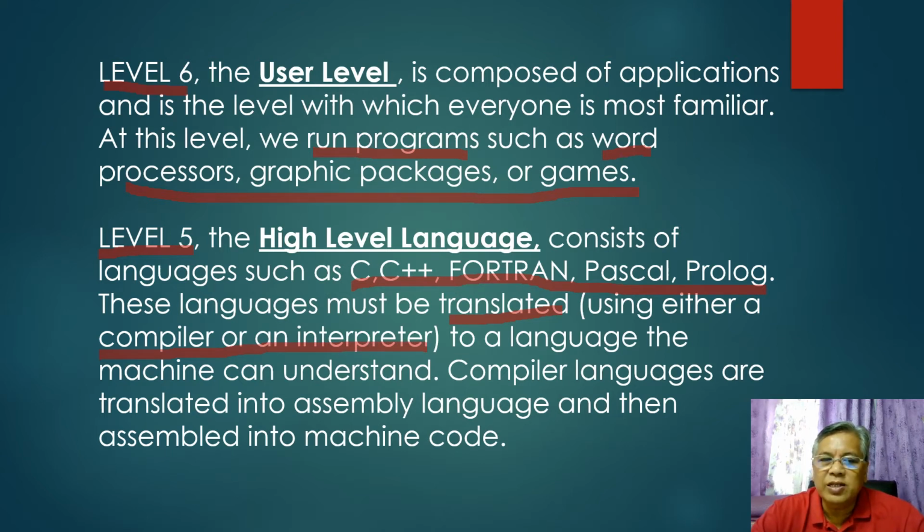And what is this language? It is called assembly language, which will be discussed in the next level. High-level language, as we know, is used to create application software such as Microsoft Word and others.